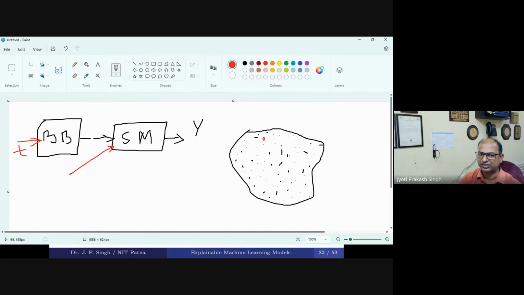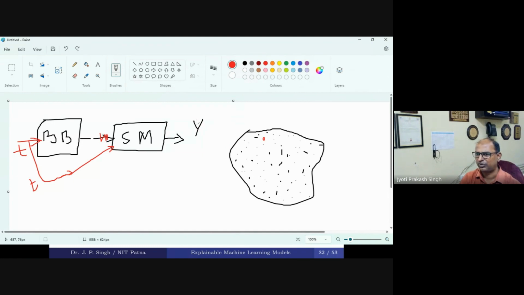The same test sample also goes to the surrogate model. This line is not there. So you get an output here, Y, or in fact, you can take this output from the surrogate model itself. So you give a test sample, and from the black box and the surrogate model, you get an output Y.